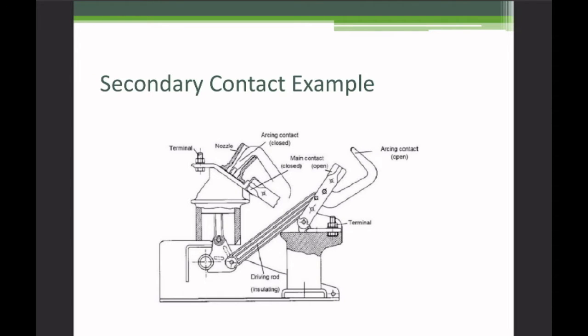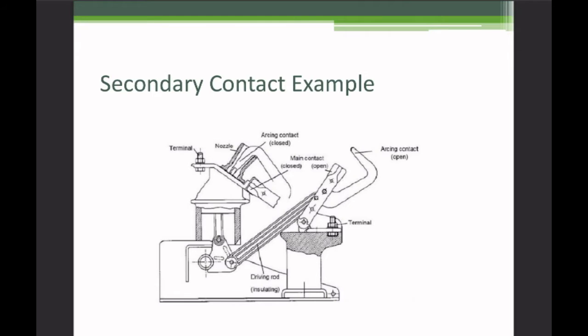And then we're going to have a secondary set of contacts. In this case, we've got this little nozzle design here and then a pin that reaches around in. And when these contacts go to open, this main contact is going to break first.